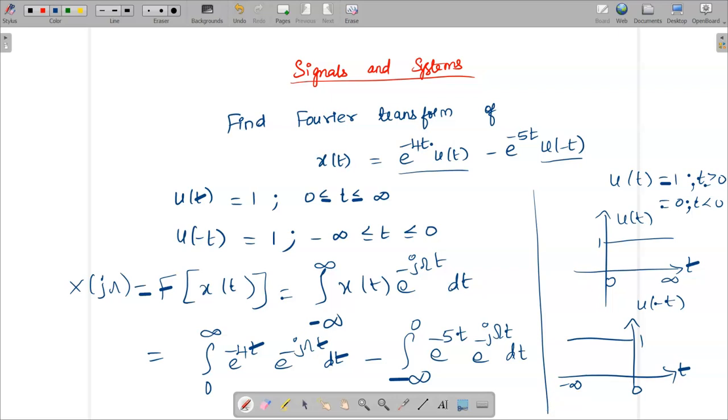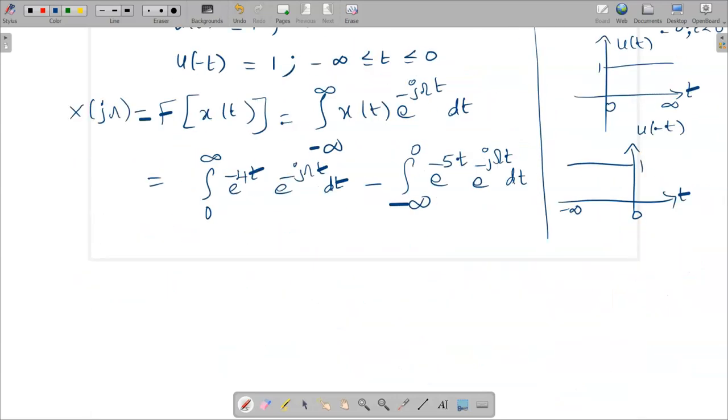Once you have done that, now we can proceed with the integration. So it is 0 to infinite. Here we have two exponential terms, so those two terms you can combine before applying the integration formula. In the limit, when you see, it is infinite.